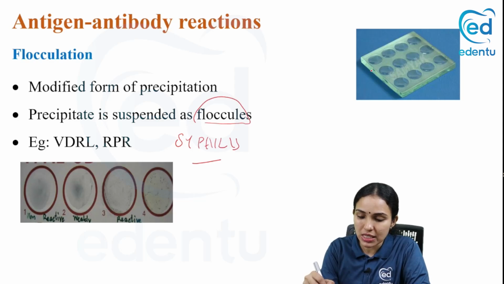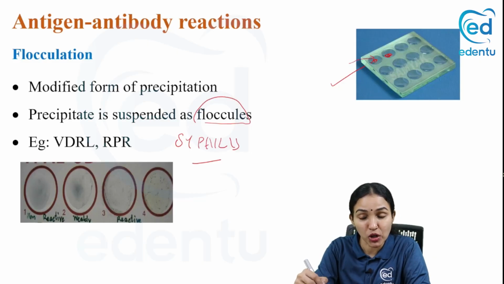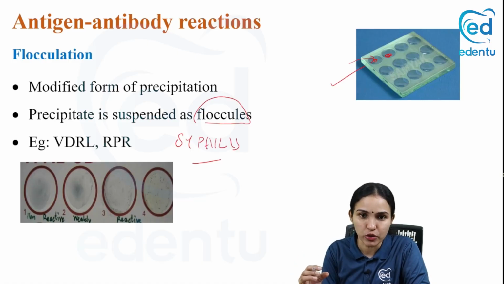In this you can see a slide here, or you can call it a tile with depressions. So the VDRL test is done in this. You put the antigens, and you add the patient's serum. Suppose the serum contains antibody against these antigens, a precipitation or flocculation occurs, and you can visualize the floccules under the microscope. So that is how you do the VDRL test.